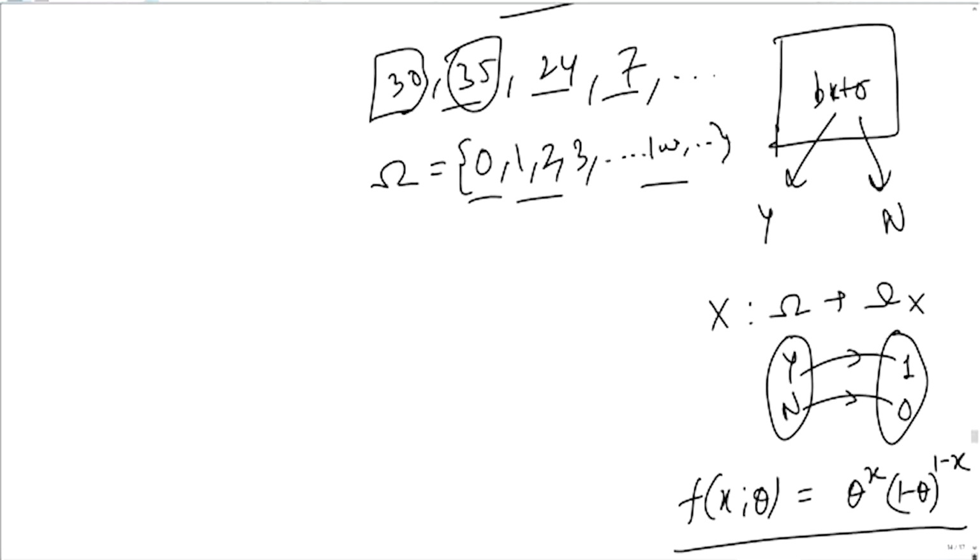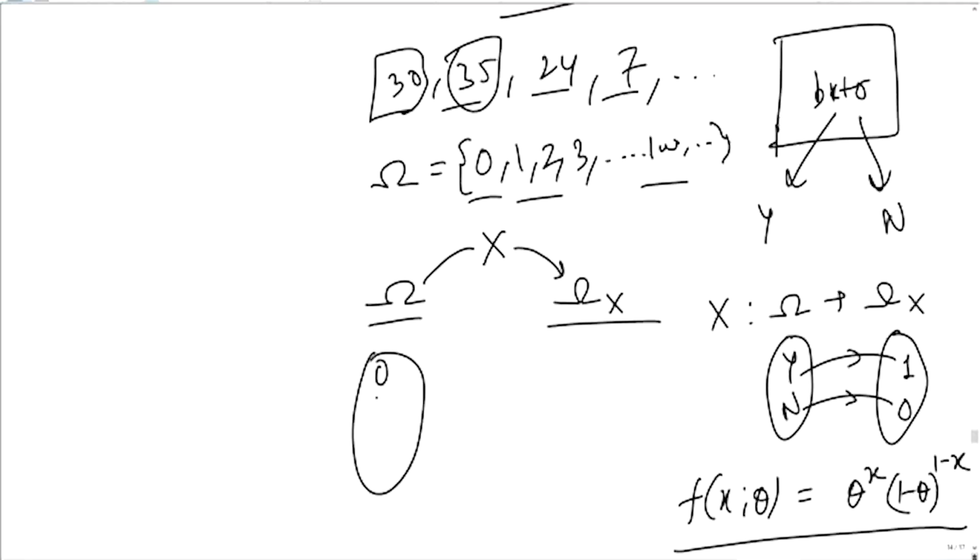So what you can do in this situation is that you define a random variable x in such a way that it maps omega to omega x, which is the same as omega. So basically it is mapping to exactly the same values, right?